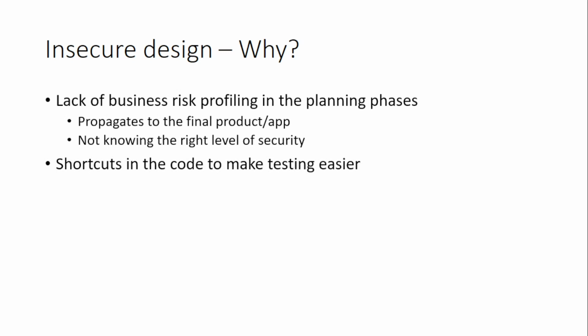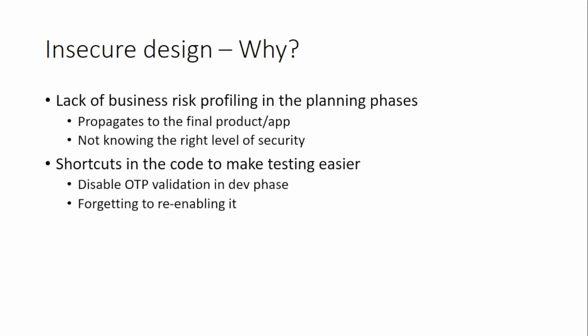For example, let's say a developer disabled the one-time password validation in the development phase to be able to quickly test the rest of the application without manually inputting a code at each login. However, they forget to re-enable it before sending it to production, which means this is a problem too.